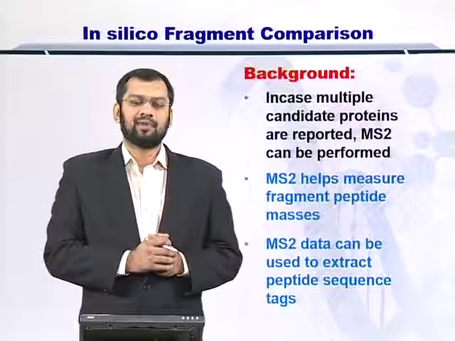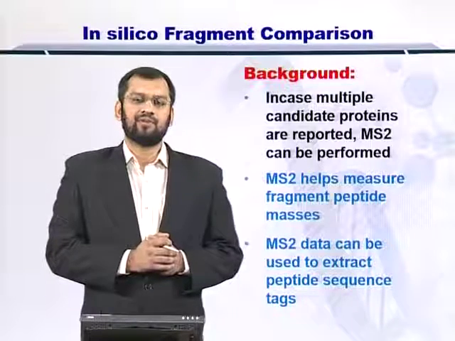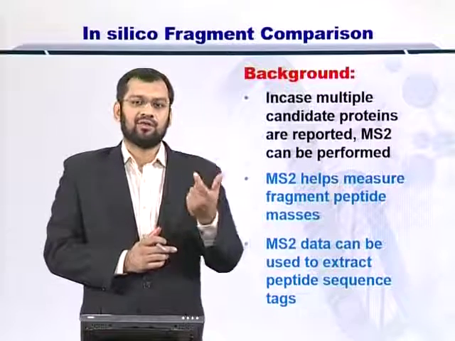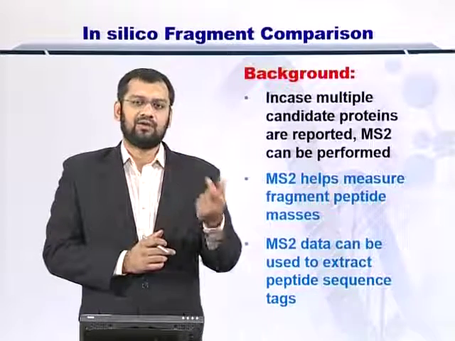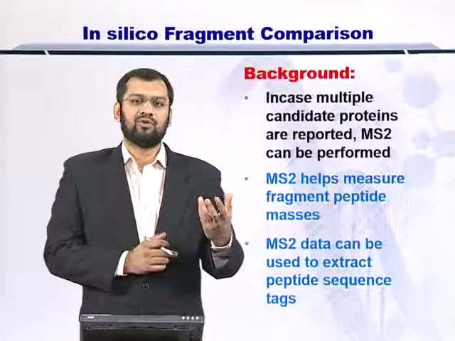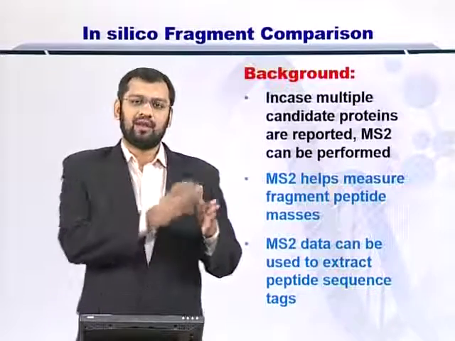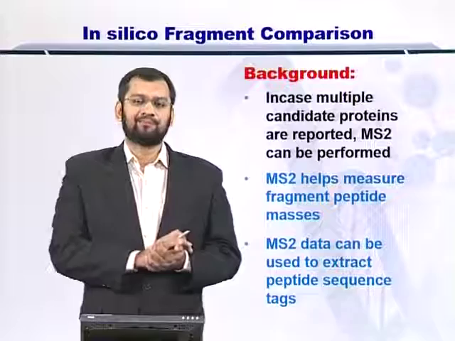We call them the peptide sequence tags, and peptide sequence tags are small subsets of protein sequences, maybe 3 amino acids long or 4 or 5, depending upon the PST.